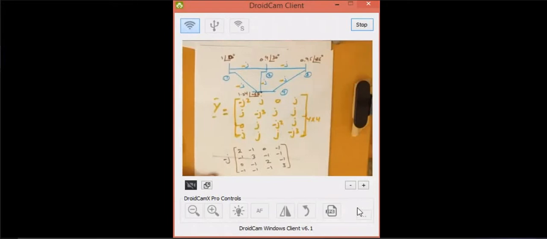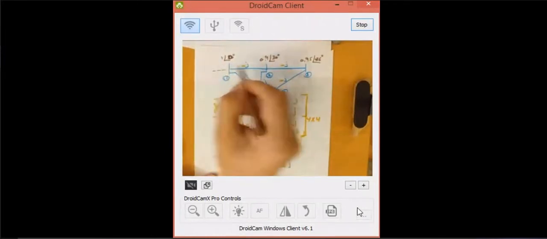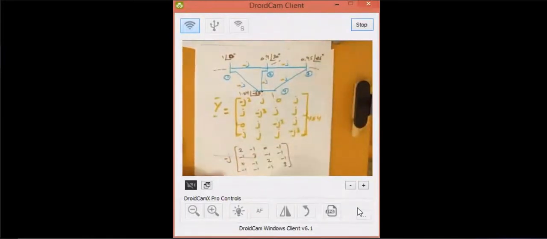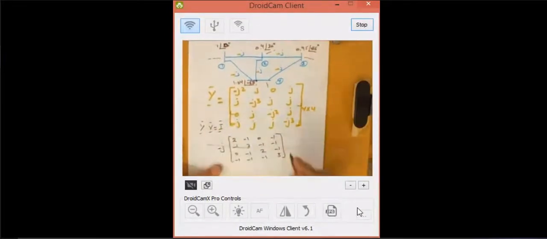Okay, current injected, and we assume that we have a generator here, generator here, generator here, generator here. So if y, as we said, that y multiplied by v equal to I. So v, we have it, it is given.